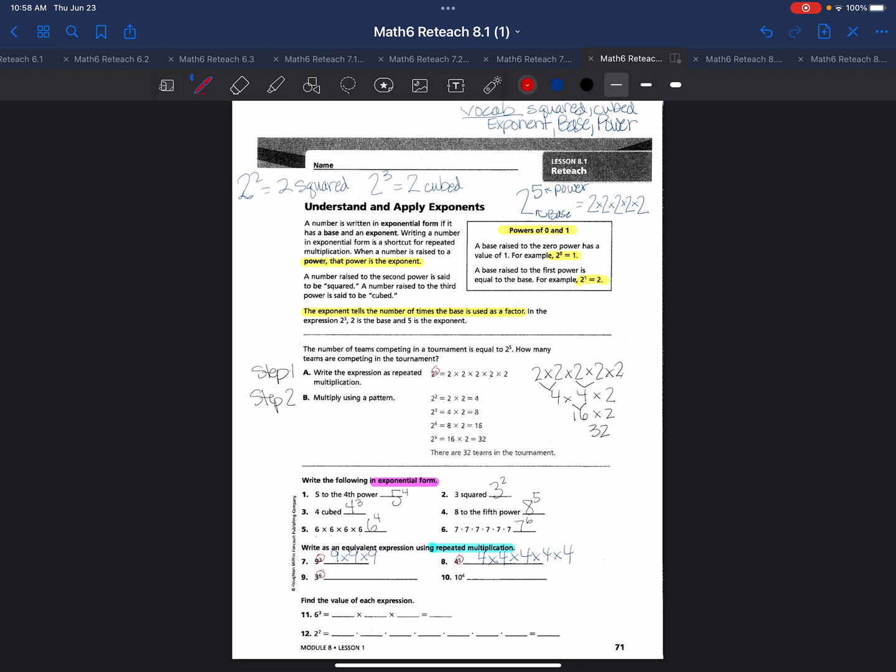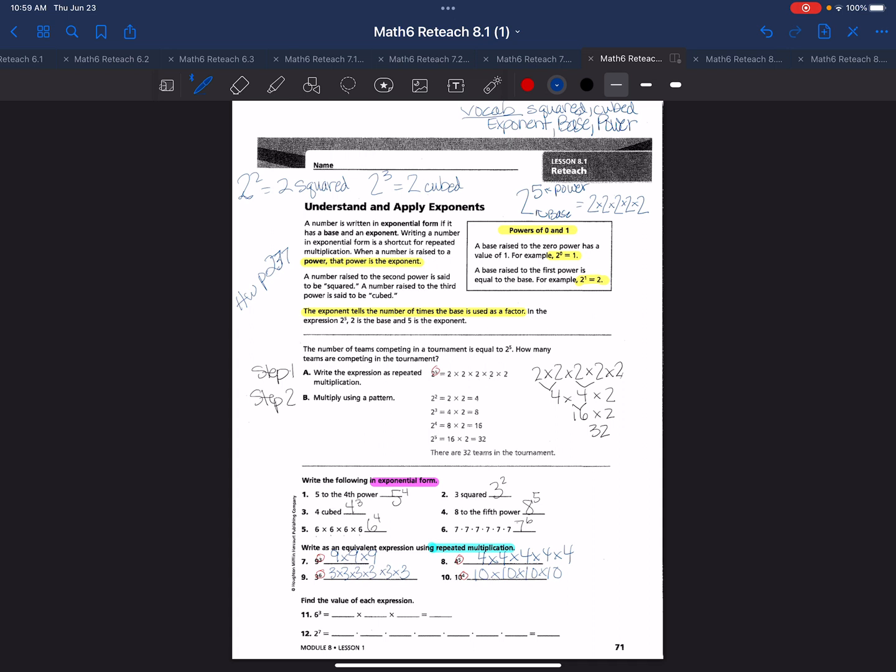Again, my exponent is 6, and that is going to tell me the number of times the base is used as a factor. 3 times 3 times 3 times 3 times 3 times 3. And the last one we have is 10 to the 4th power. So that 4 is telling you the number of times the base is used as a factor. The base is 10. So that's 10 times 10 times 10 times 10. If you want to find some homework problems that are similar to these, this would be on your homework, page 237.